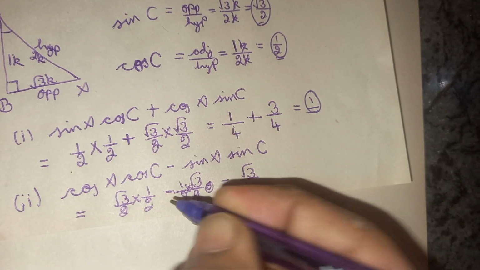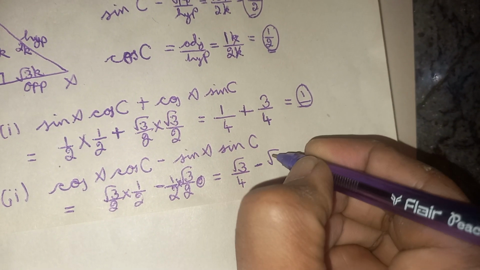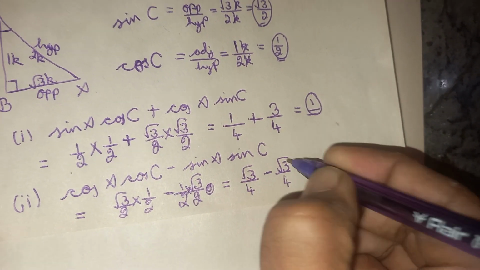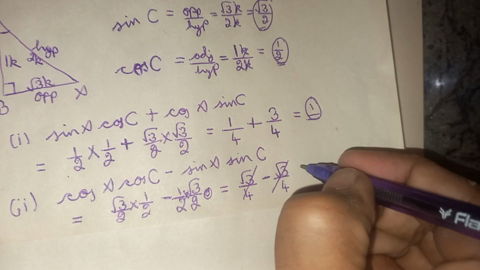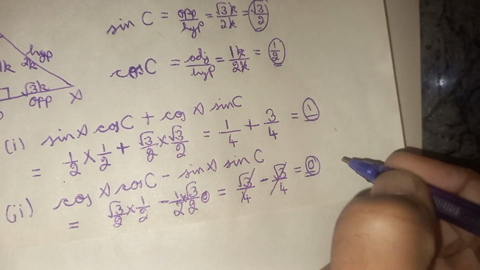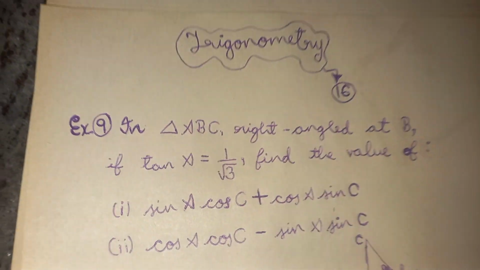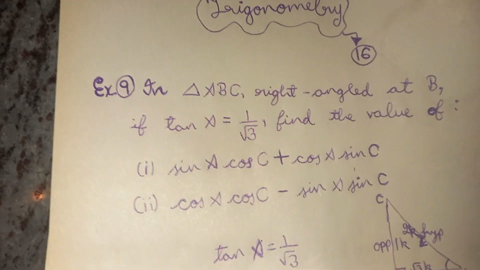First multiply, then subtract. Root 3 by 4 minus root 3 by 4 cancels out and becomes 0. So one answer is 1 and the other is 0, for those two given expressions. Bye.